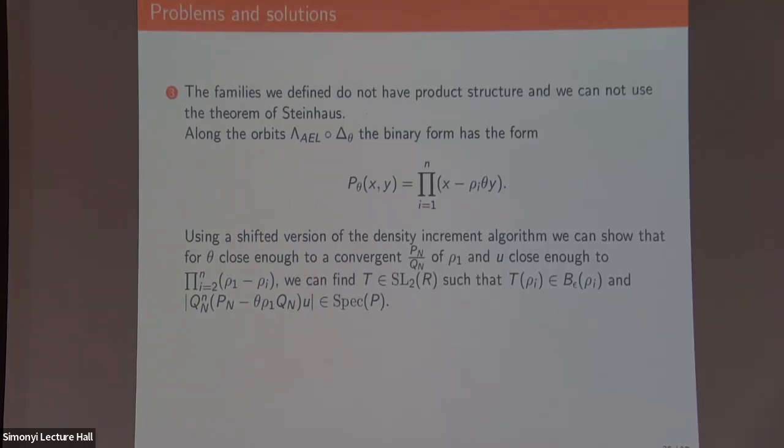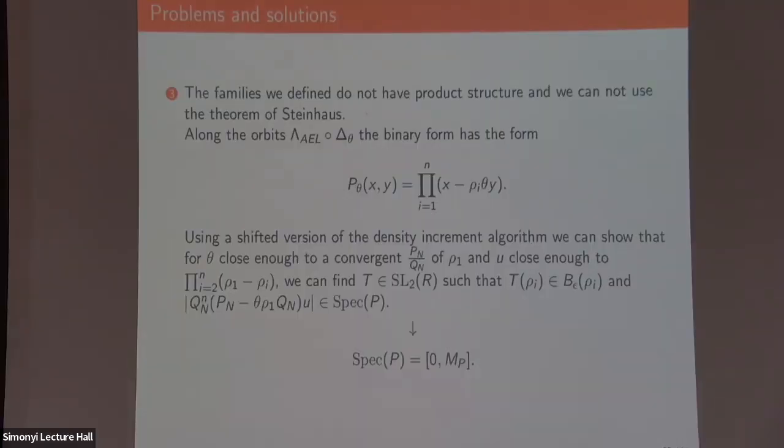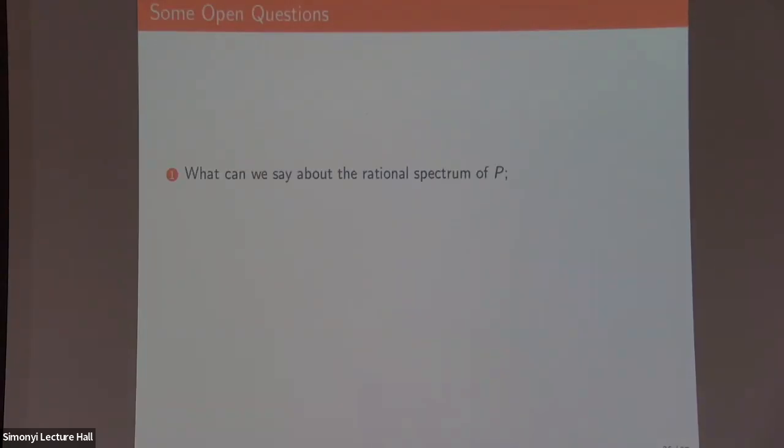Okay, and in the 2 or 3 minutes that I have left, I want to advertise some open questions in the subject. The first one is what happens with a rational spectrum. Now, what is the rational spectrum?